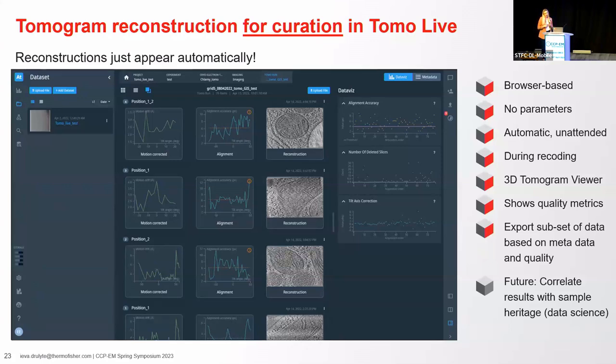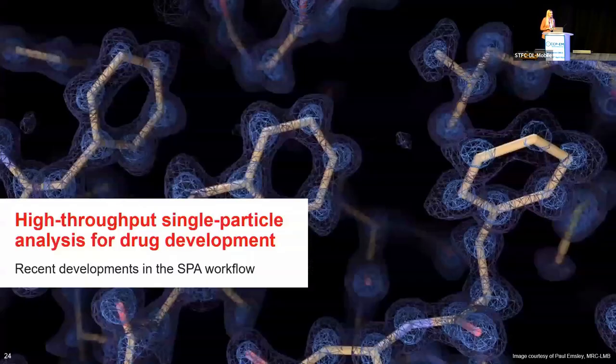So our hope is that really this would free up that time which you would spend going over all of your tomograms, and then you can just focus on the ones that show you what you're looking to see.